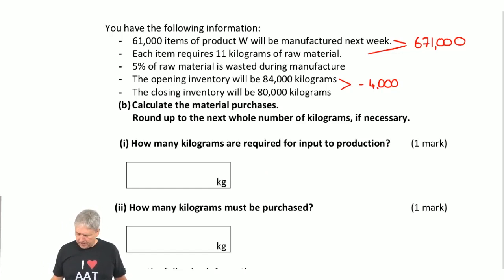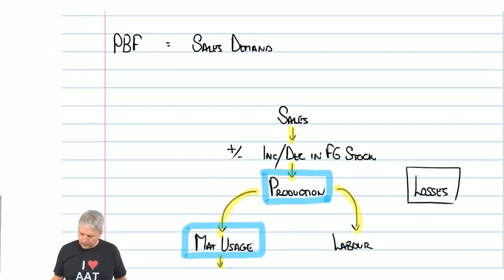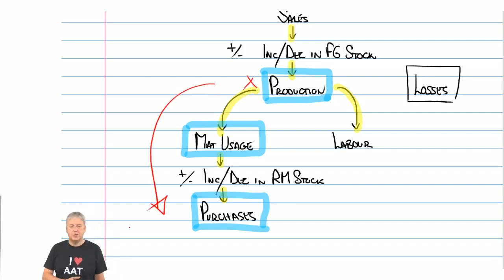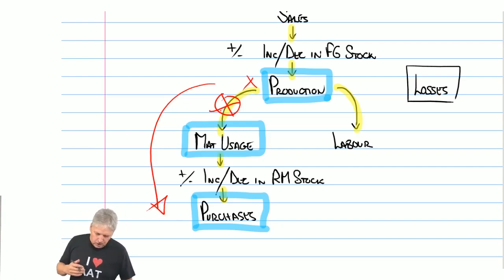So if we go back down to what we had before, I suppose what we're saying here is that we're working from somewhere here and we're working down to purchases down there. Okay? And what we've got is some sort of loss somewhere around here in terms of the material usage.